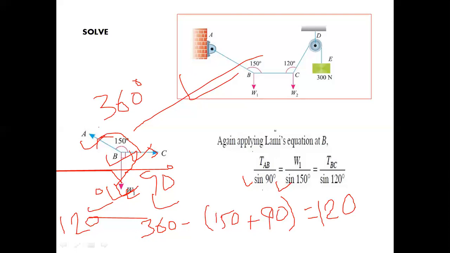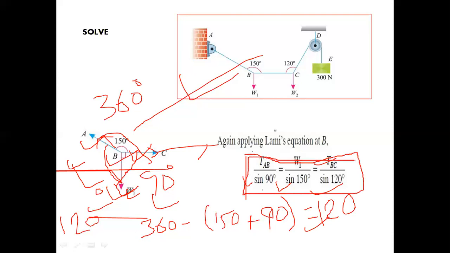Then tension BC in this direction, and the angle between the other two forces is the 120 we already found, so take 120. After getting these Lami's equations at point B, there is a simple way to solve the problem.